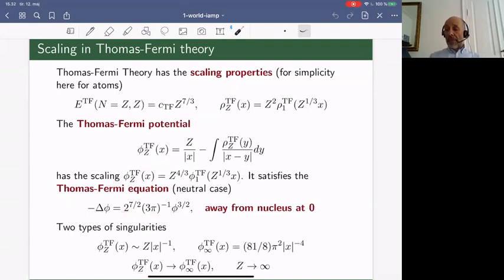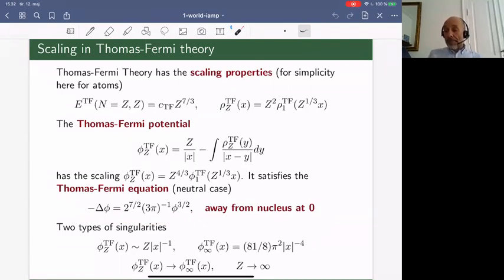Now the interesting thing about this equation is that it has two types of singularities. Now, this equation is only true away from the nucleus. At the nucleus, there will be a delta function as well added to this.